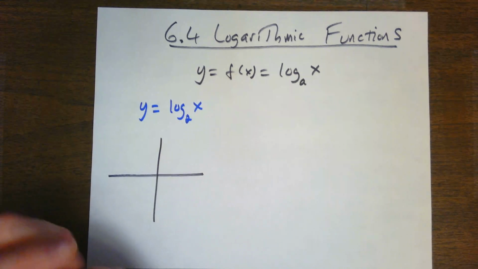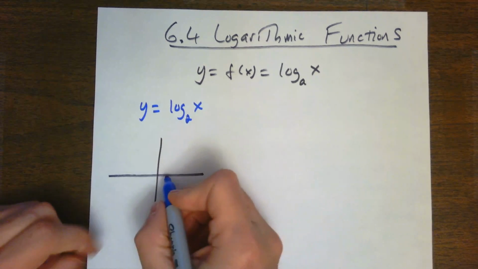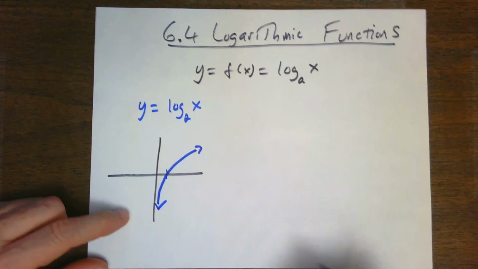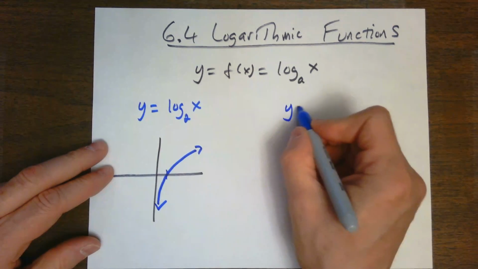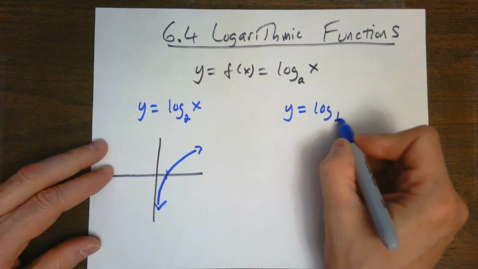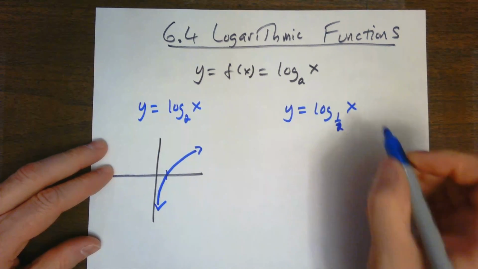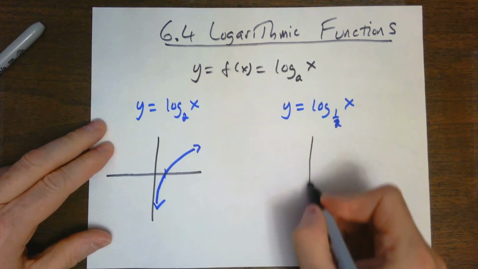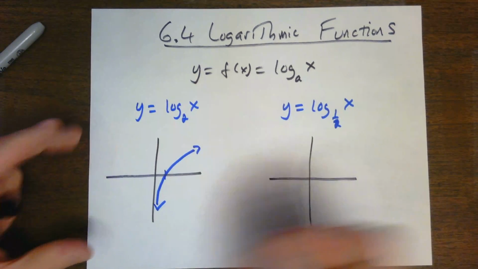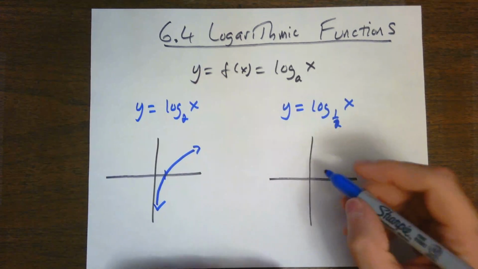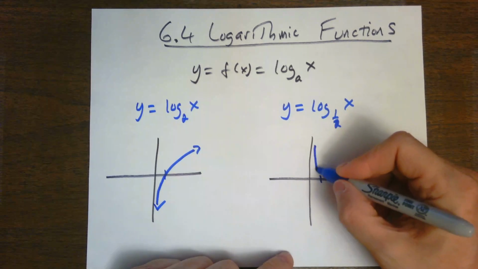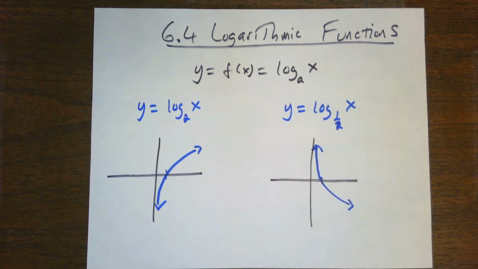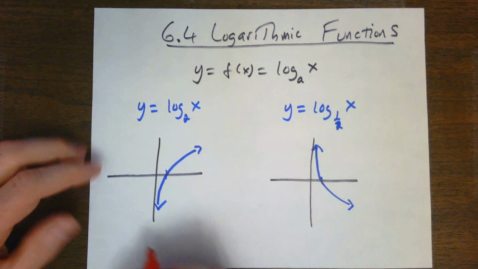And the function is going to look like this. If I have log base 1/2 of x, I'm going to have logarithmic decay. And the function is going to look like this.